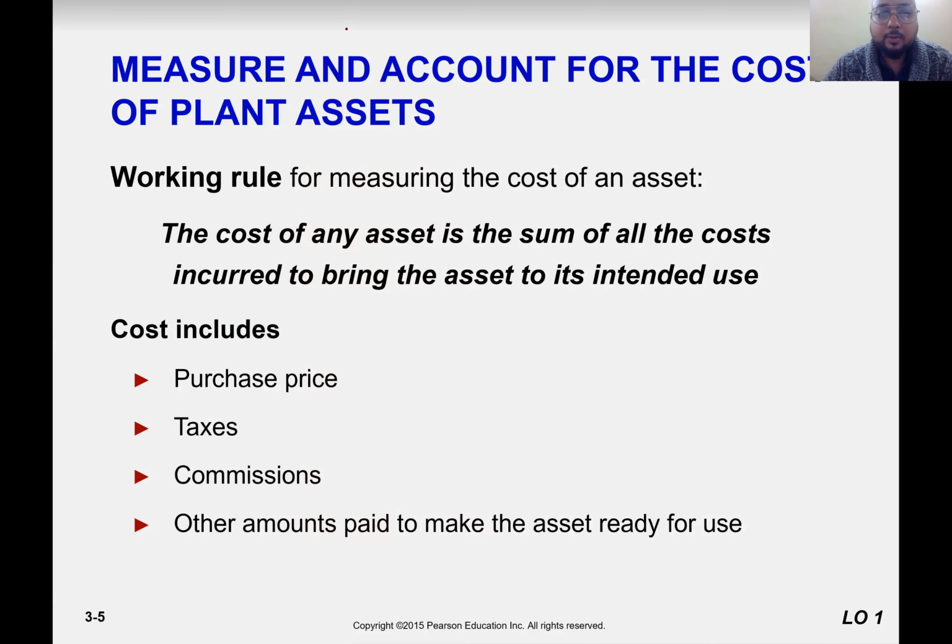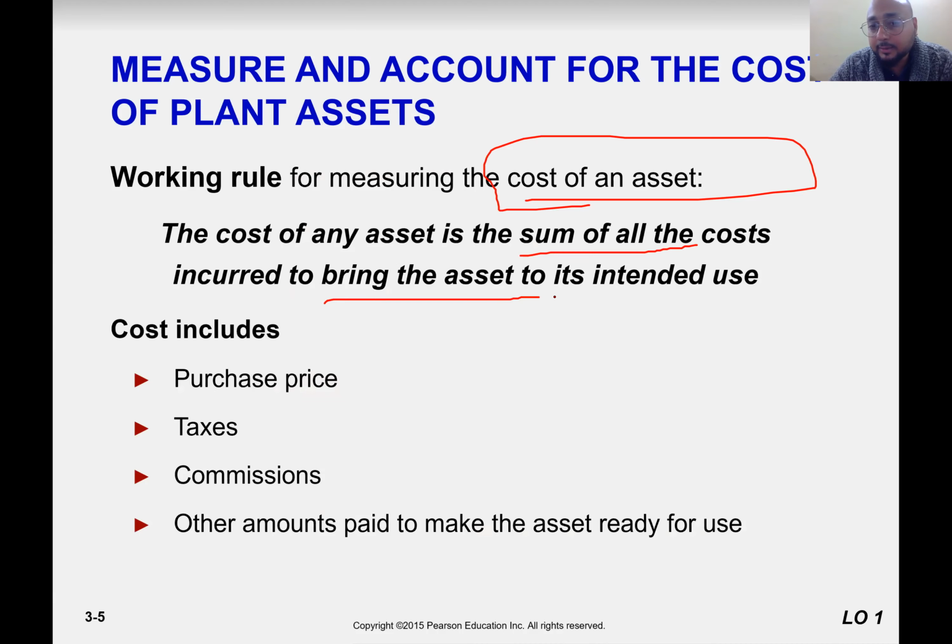So let's talk about the working rule for the measurement of the cost of an asset. The cost of an asset is the sum of all the costs incurred to bring that asset into its intended use. For example, we purchased an AC and we paid, for example, $200 for the AC.